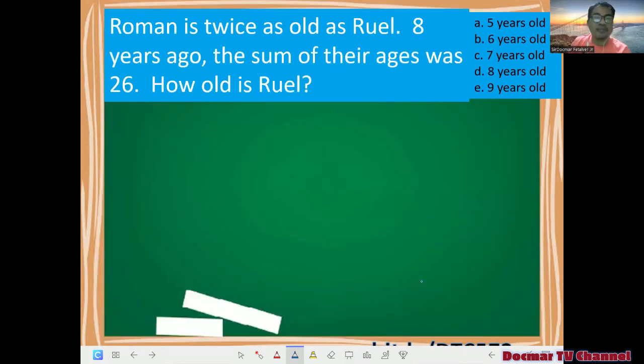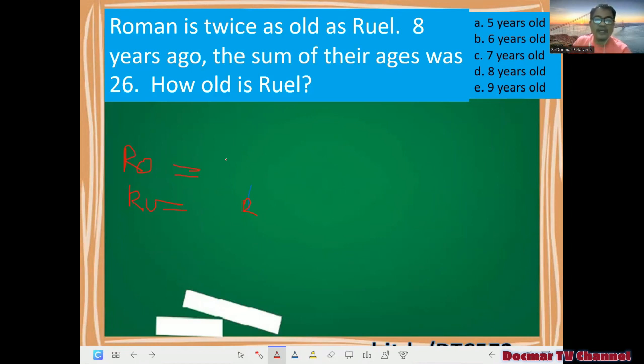Another problem is Roman is twice as old as Ruel. No? So si Roman daw is twice as old as Ruel. So anong hahanapin natin? Yung age ni Ruel. So we have R, and 8 years ago, the sum of their ages was 26. So si Roman, of course, twice as old. So this is Roman, this is Ruel.